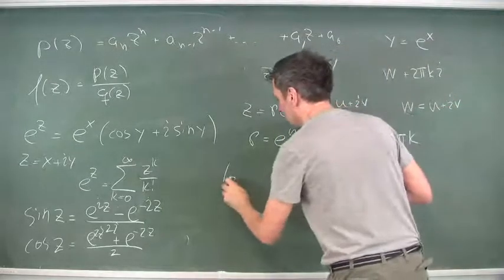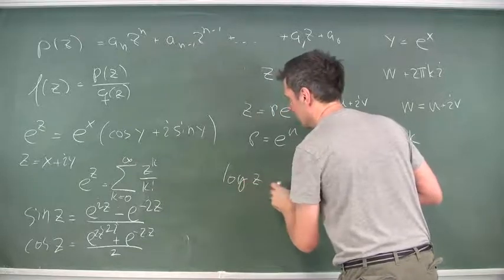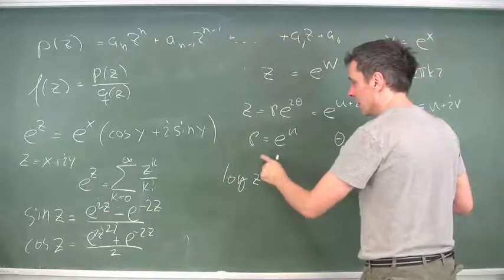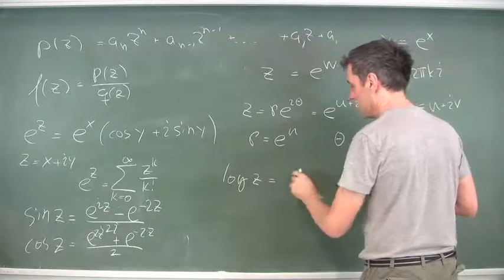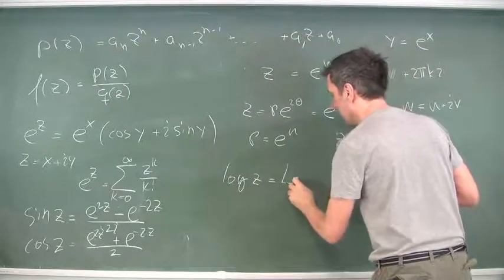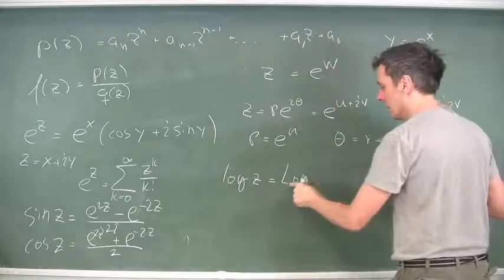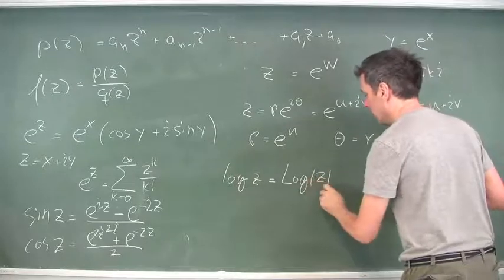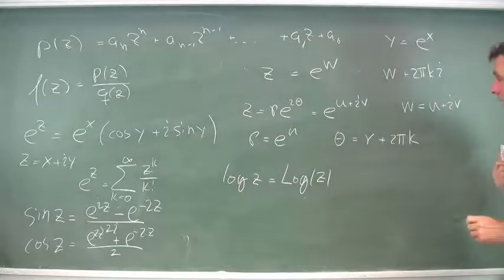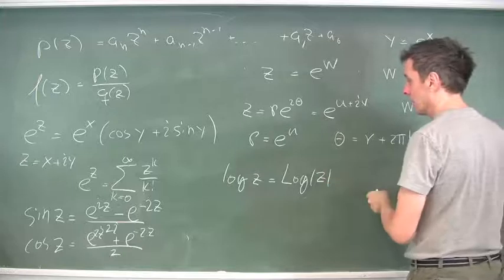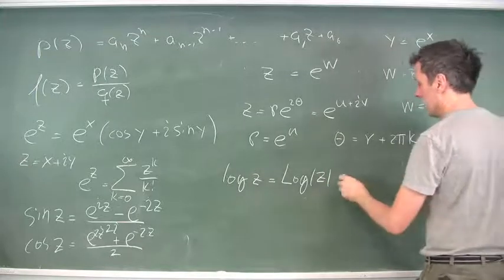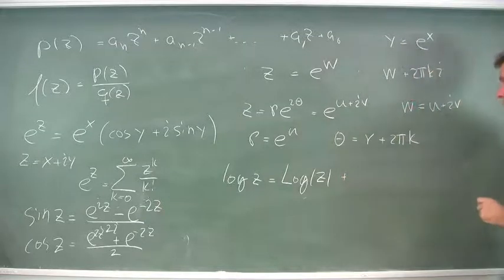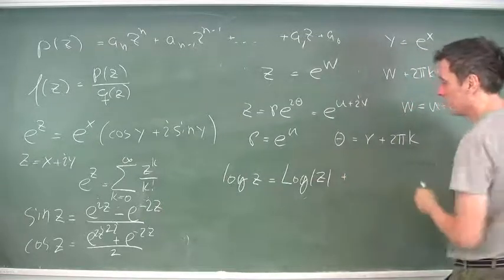So if we try to write down a definition of the complex logarithm, then the real part here will be no problem. It must be simply the ordinary real logarithm of absolute value z. But then we also see that the imaginary part, that is v here now, can be any argument for z.